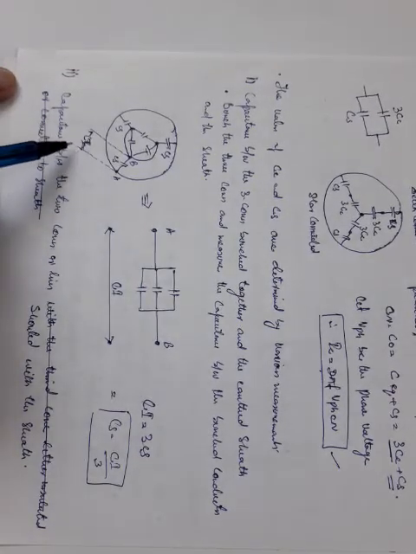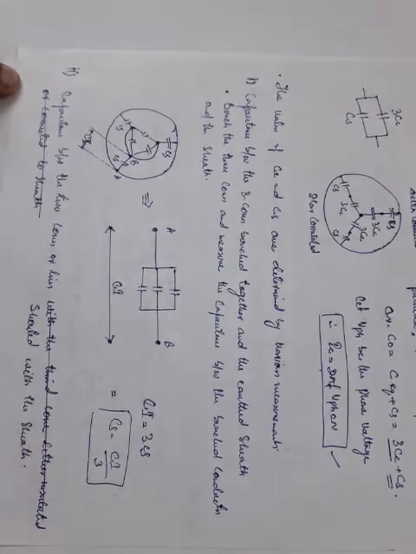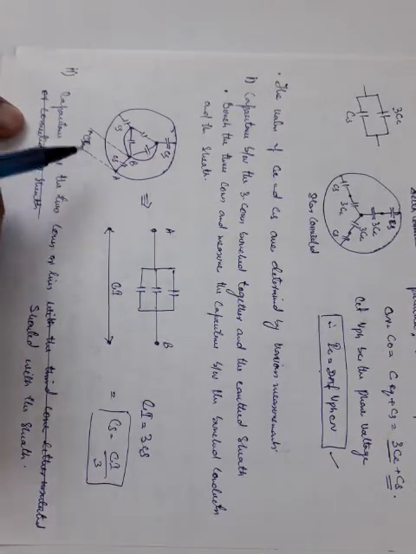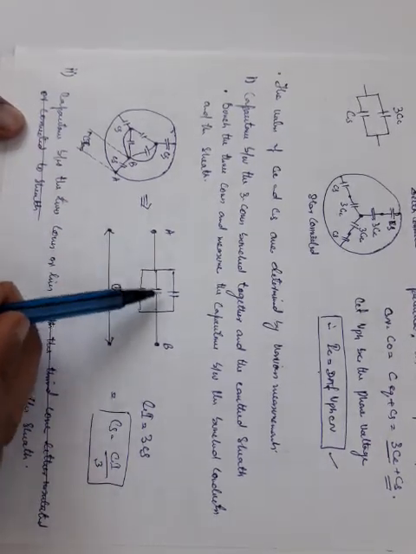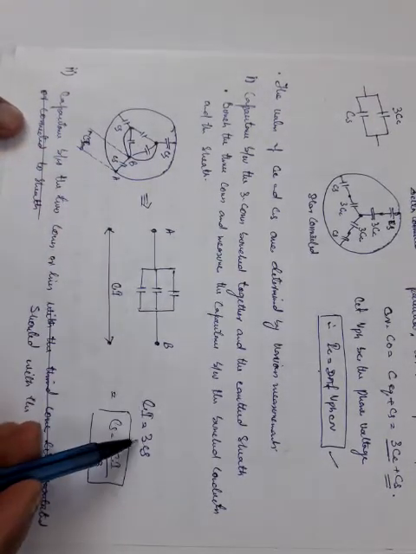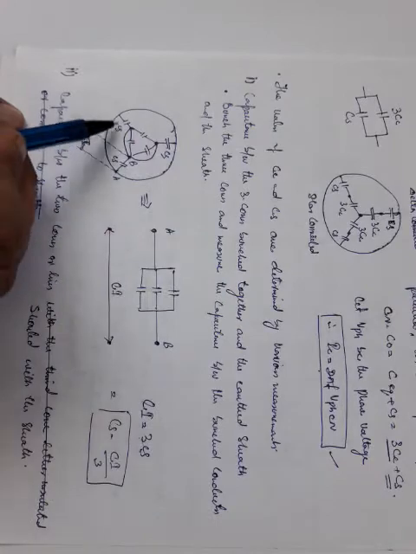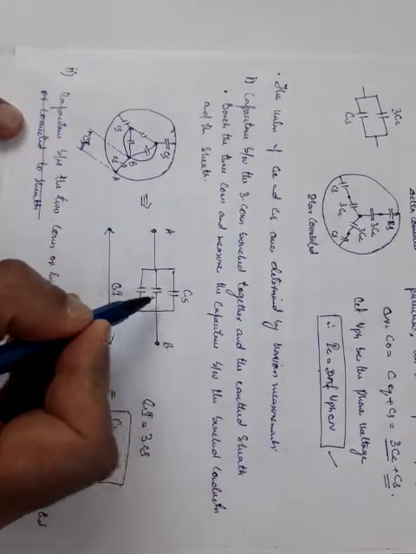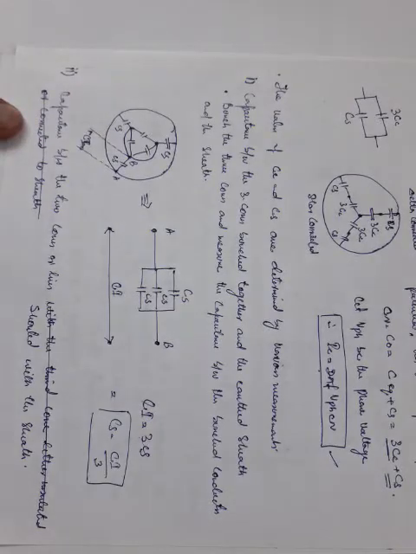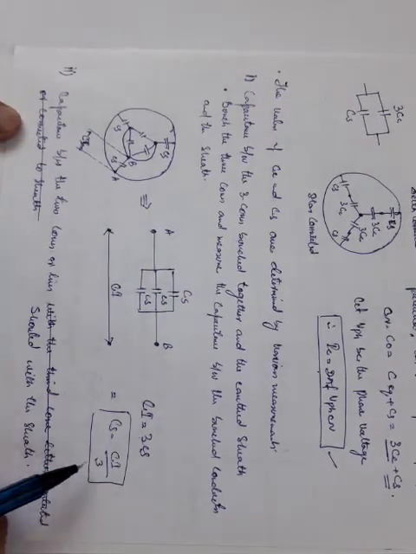When we get the capacitance, let us say this is Ci. Total capacitance is actually the parallel combination of these three capacitors. That means this Ci will be equal to 3 times Cs, that is Cs plus Cs plus Cs. So here we can easily calculate the value of Cs. Cs will be equal to Ci divided by 3.